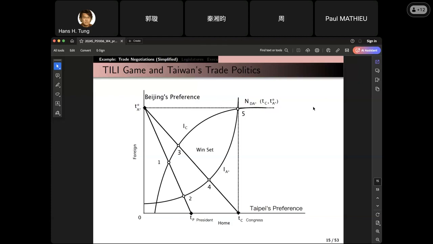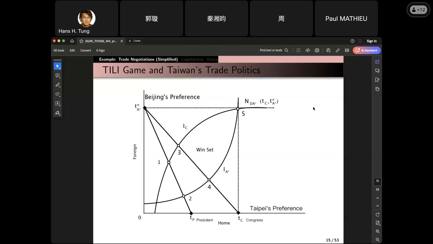Otherwise, suppose both of them are negotiating on their own and without taking into account the preferences of others. That's also likely. And in that case, of course, it's harder for that equilibrium to arise. But the thing is, if you don't have the information of the win set, it's hard for you to pick the right point.